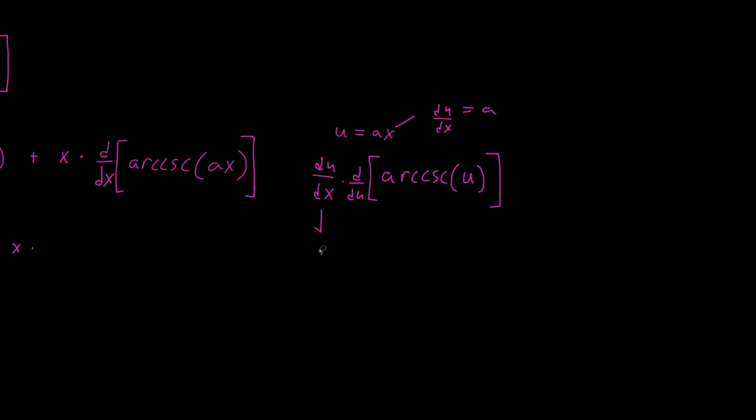So this is going to be equal to a times, we worked out the derivative of arc cosecant of u in the main derivation video, so that's equal to -1 over u squared times the square root of 1 minus 1 over u squared, and we'll replace the u values.